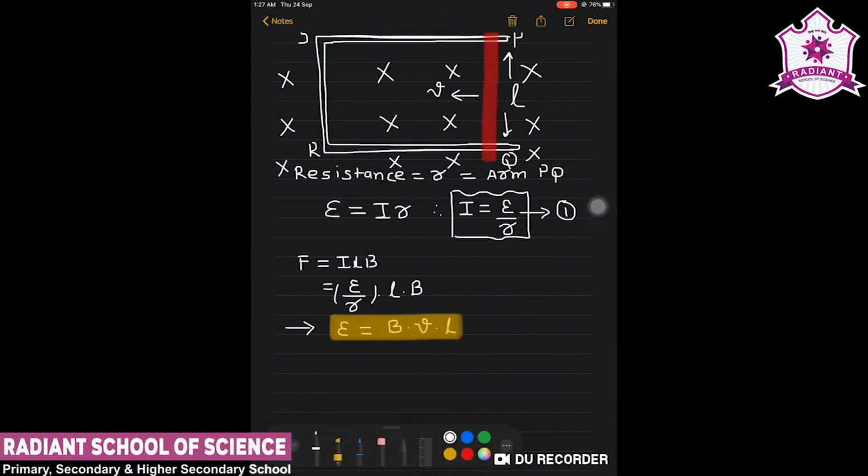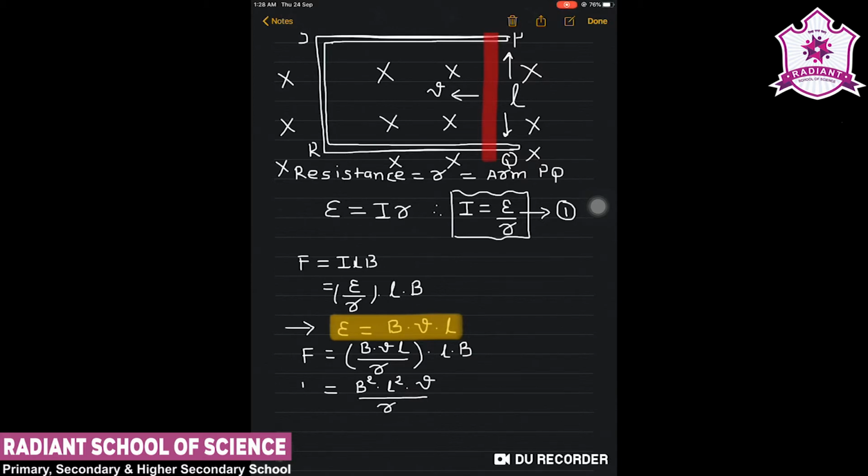So now by using this formula, the force acting will be BVL over R into L into B. The equation we get is B square L square into V upon R, and this is the equation of force.